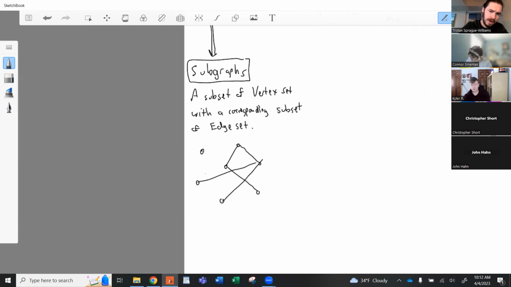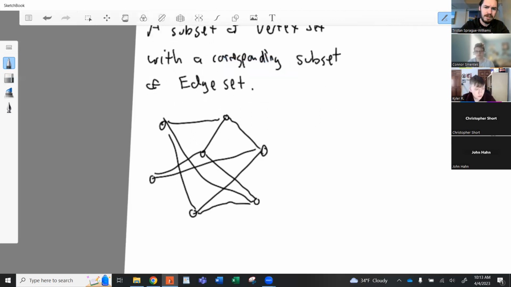Let's draw some random large graph. It's not that large, but there's a lot of stuff going on here. There we go. That is a fairly large-ish graph with lots of stuff going on. So now with this graph, I could pick out a subgraph from within it. Let's say I pick 4 vertices, this vertex, this vertex, this vertex, and this vertex.